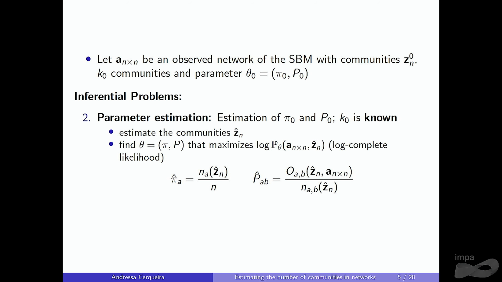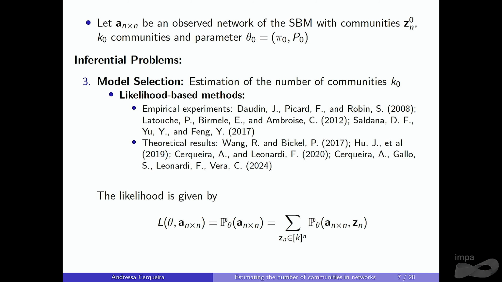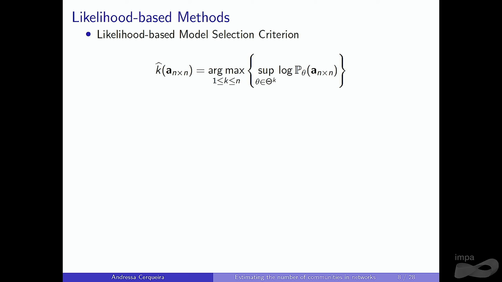So one guess should be, okay, I can think that k is a parameter, and then what I can do is just fix a number of communities, and then calculate the maximum likelihood, take another number of communities, calculate the maximum likelihood, and then I just pick the k that makes the likelihood as high as possible, right?